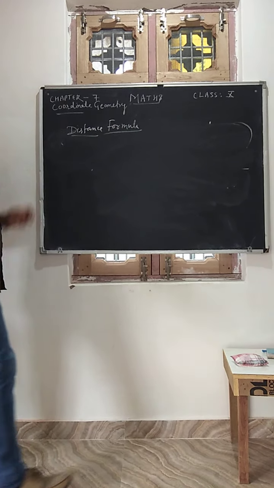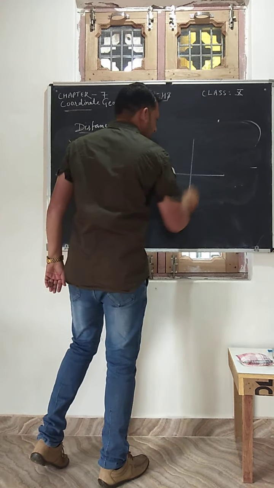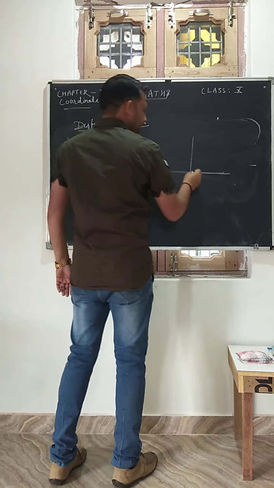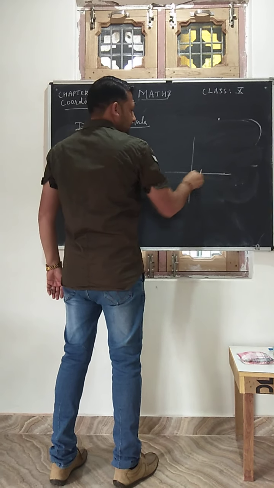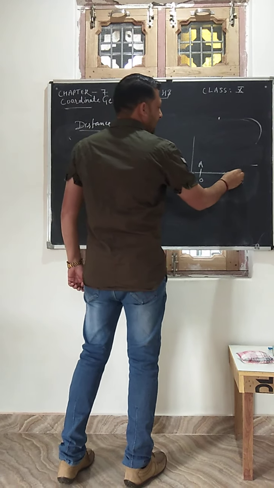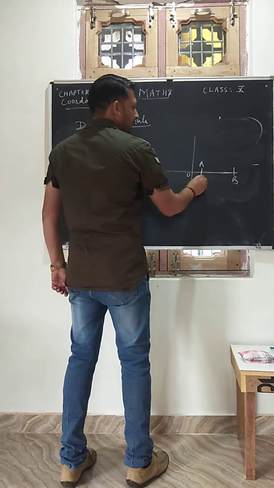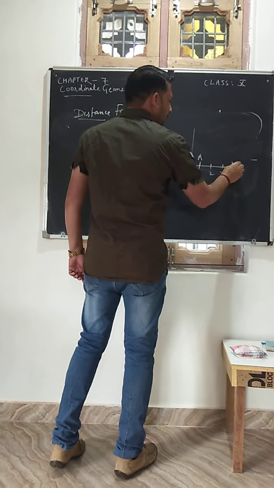Now let's try to understand the distance formula. Suppose it is a Cartesian plane. I have taken here point O, a point A here and a point B here, and this distance from the origin is 0, 1, 2, 3, 4.